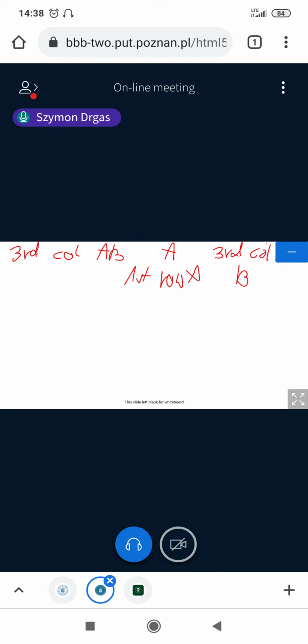Okay. And finally, we have this CDE matrix. So we want to find the entry in the first row and first column of the CDE matrix. So what do we need to multiply in this case? Okay, so maybe I will help you with it.